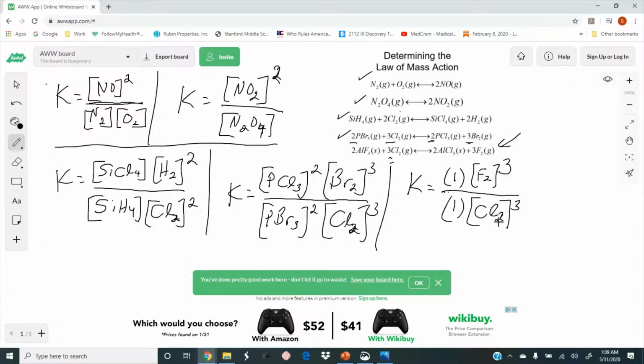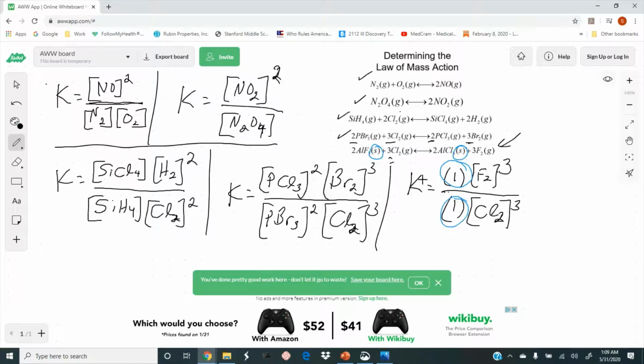And there we go. One thing to point out is that this right here and this right here, they're 1s because these guys are solids. Since they're solids or liquids, we would put a 1 in there. We wouldn't put the concentration of them. The concentration of them is 1. So basically, you can just ignore them.